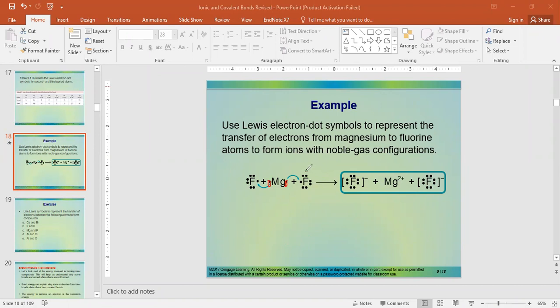So if this fluorine here accepts this electron, you'll realize that magnesium will still have 1 more electron to give. And therefore, it requires another fluorine atom to come and take that electron. And that is why we have 1 magnesium here taking 2 fluoride ions to form magnesium fluoride, as I have illustrated. I don't know whether that has been clarified to the student who had asked the question.